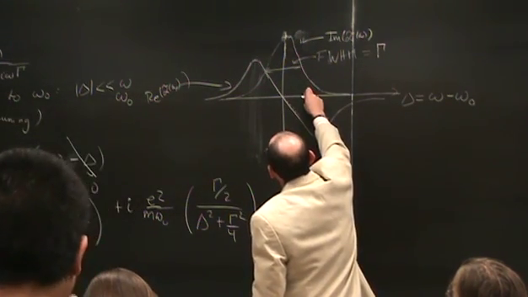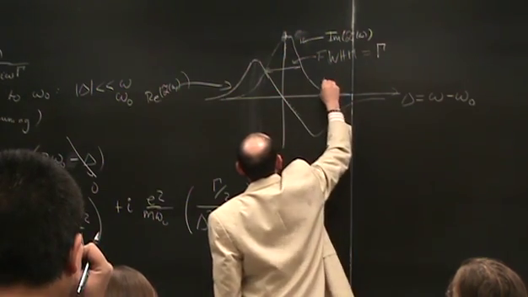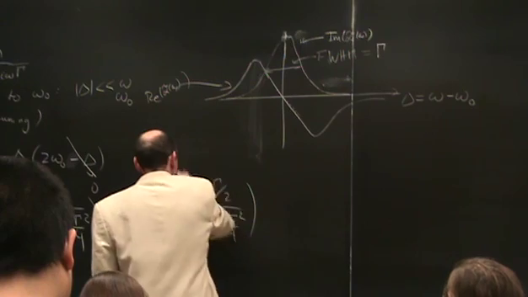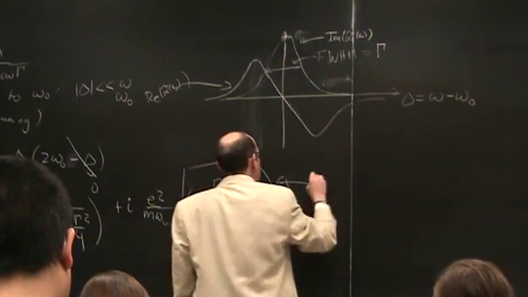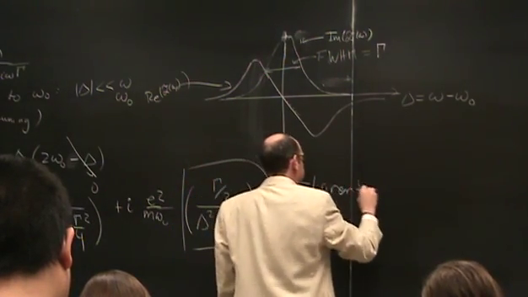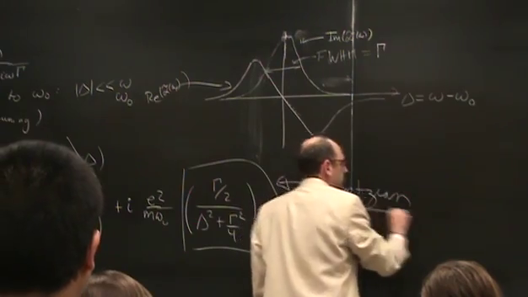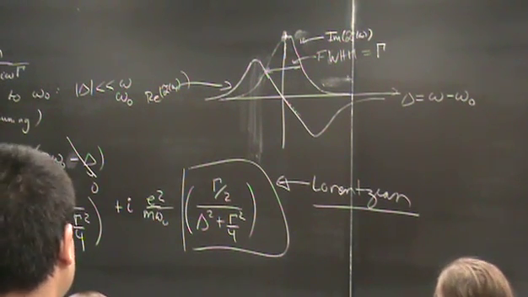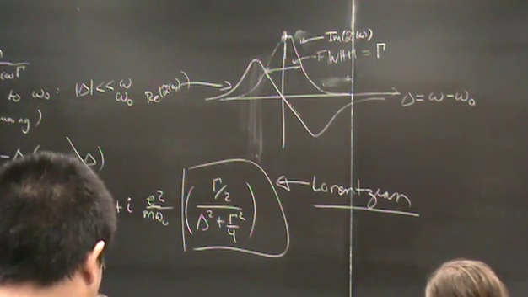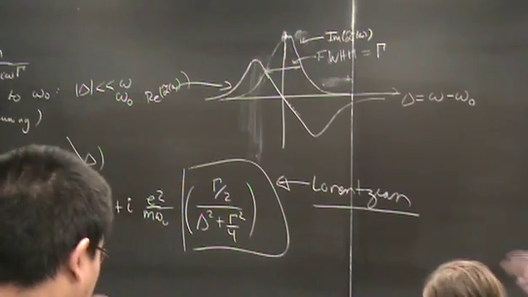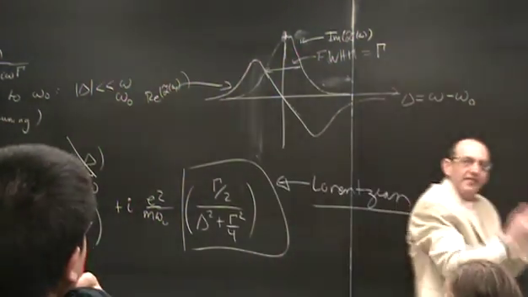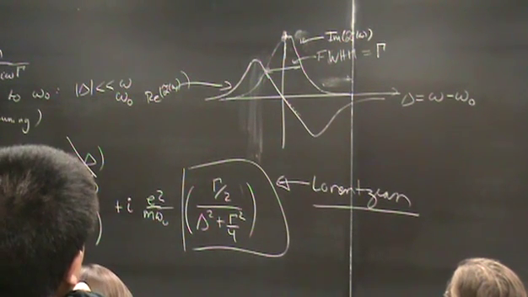The imaginary part here is a Lorentzian function. So this function here is known as a Lorentzian. So this is why this is called the line width. This is the width of that absorption line.